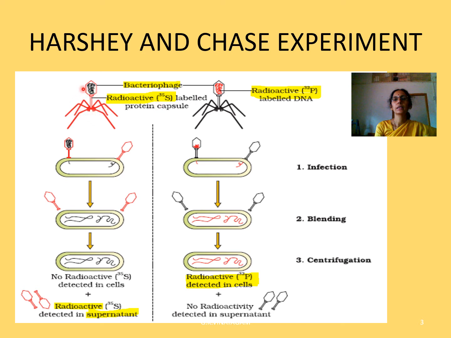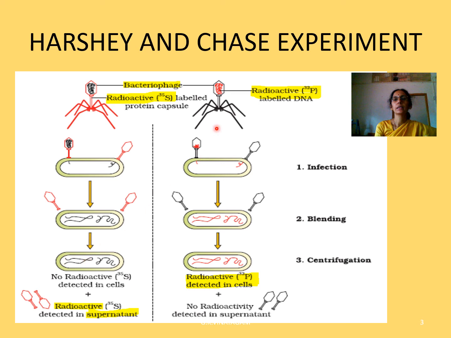The entire protein coat is showing the radioactivity. It is allowed to infect the bacterial cell. It is agitated in a blender followed by centrifugation. Here radioactivity is seen only in the supernatant. No radioactivity inside the bacterial cell.